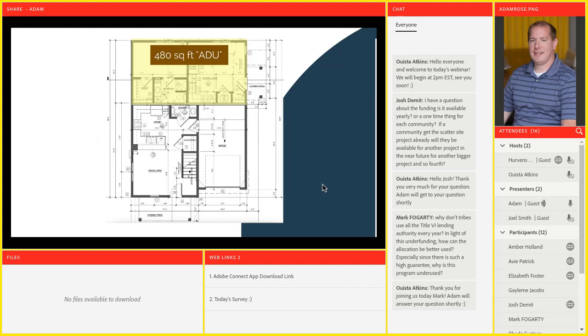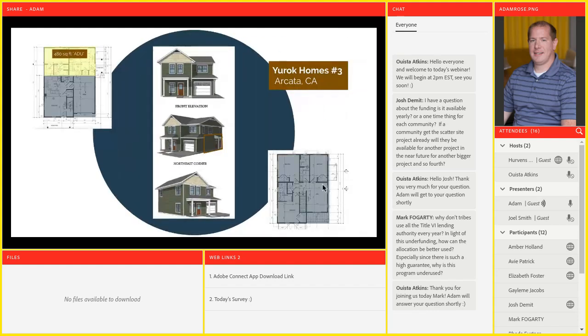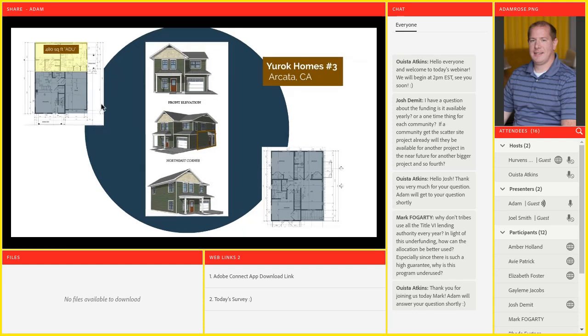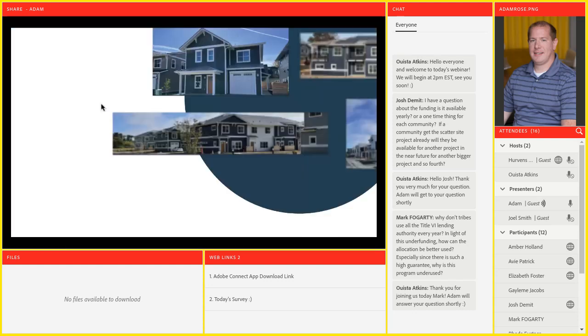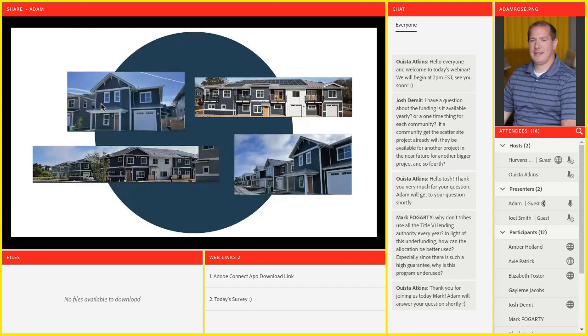Maybe it's a tribal elder who says, "I don't need a 2-bedroom or 3-bedroom house anymore." That elder can live in the accessory dwelling unit, and the family can live in the rest of the unit. So this is actually a duplex with 2 totally self-contained units. Grandma and grandpa have their private entrance here in yellow, and the rest of the family enjoys the other living space that's available. Now, this project is complete and turned out to be a fantastic project.